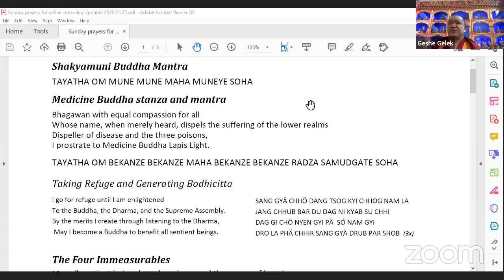So visualize Medicine Buddha facing the same direction as you, and if not, visualize bright blue light on the crown of your friend or loved one who is sick. If somebody has already passed away but it hasn't been 7 weeks, still visualize on their crown.